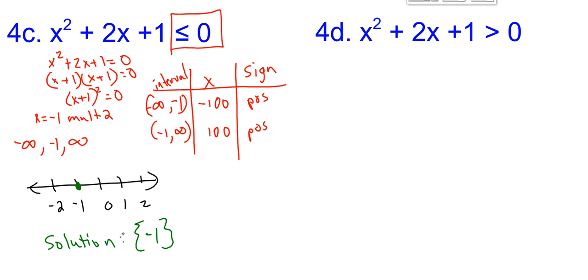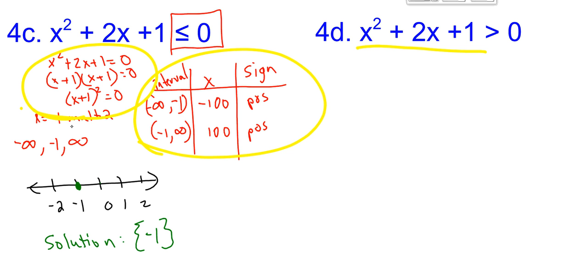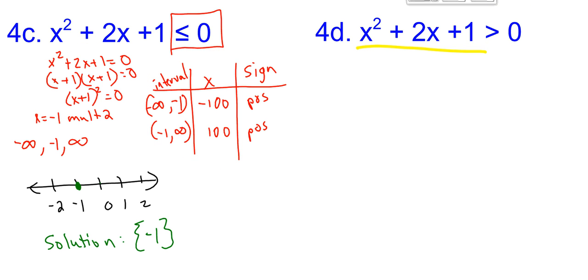So similarly, look at this next one. Same polynomial, so same zeros, same interval table, all that, but now I want that to be greater than 0. Well, think about the fact that it is positive in this interval, positive in this interval. It would be equal to 0 at -1, which we know from that previous problem, but we want it strictly to be greater than.